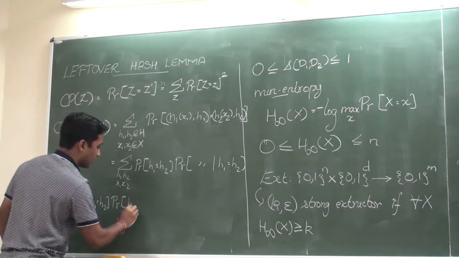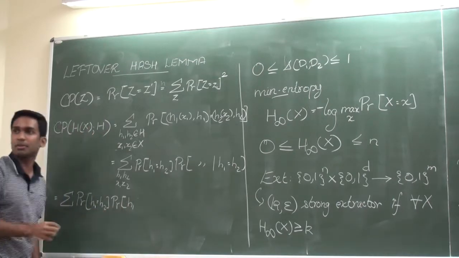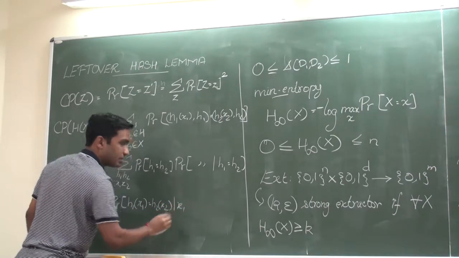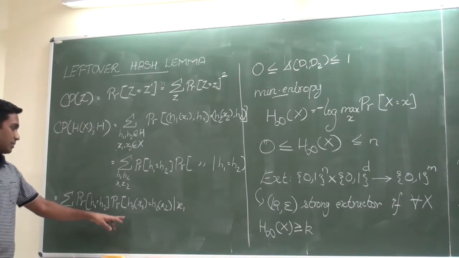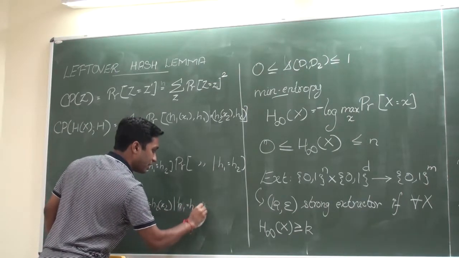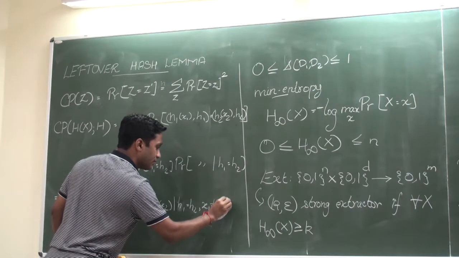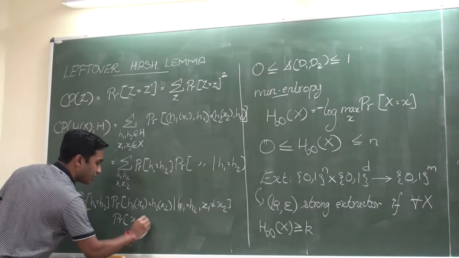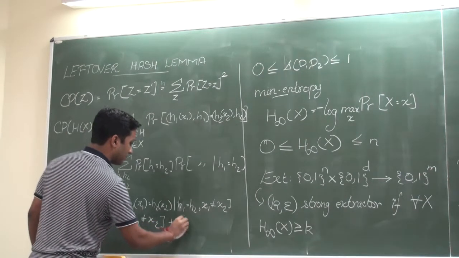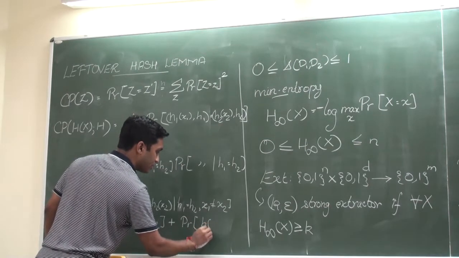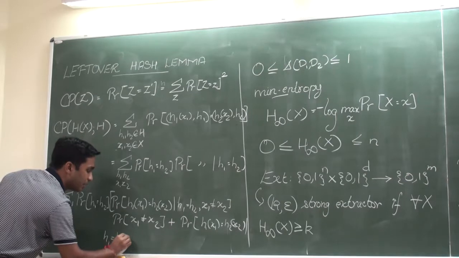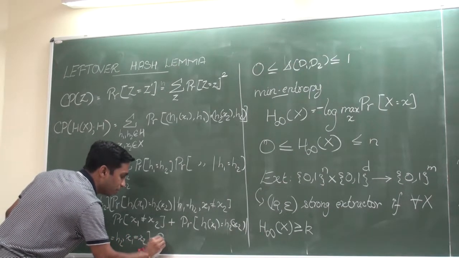Probability of h1 equal to h2, times the probability of the collision given h1 equal to h2 and x1 not equal to x2, times the probability of x1 not equal to x2, plus the probability of the collision given h1 equal to h2 and x1 equal to x2, times the probability of x1 equal to x2.